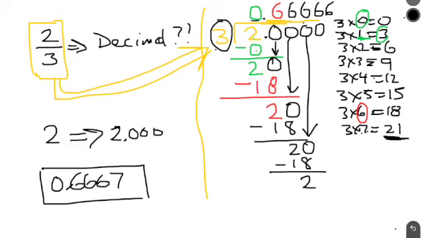But to this point, the answer here would be 0.6666, and it would keep going on and on. This is how we convert fractions into decimals.